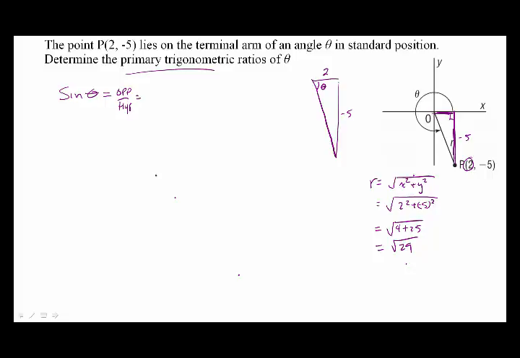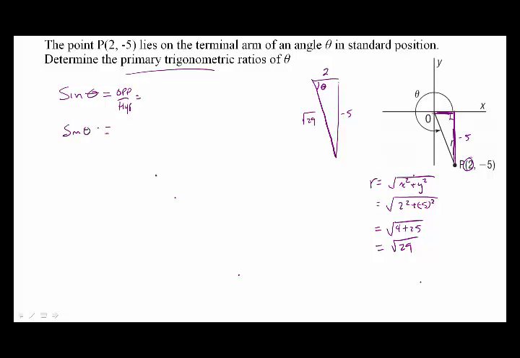Can I simplify 29? No. If you could, do it, but we can't. Is it pretty? I happen to think it's kind of neat. So just leave it, square root 29. Don't go decimal on me. We want exact answers. Square root 29, that's my radius. So, let's fill it in here.